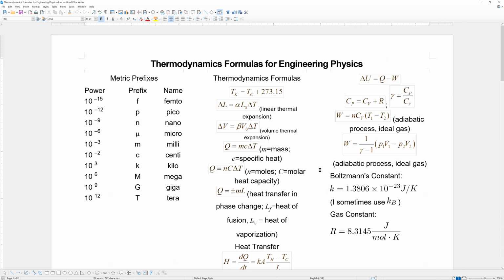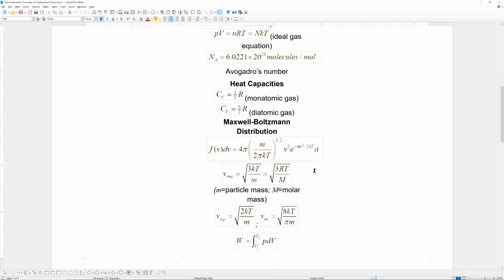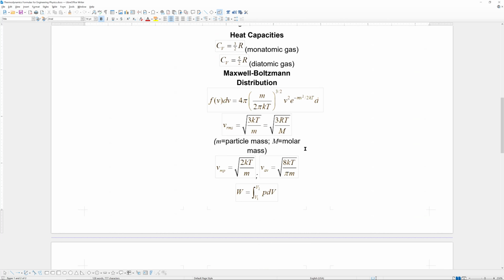Yeah, I don't see it on here. That's weird. Okay, that's something I need to add to that before I give it to you tomorrow. Anyway, it's 3kT over m is what the v RMS would be. So I did remember it right eventually.